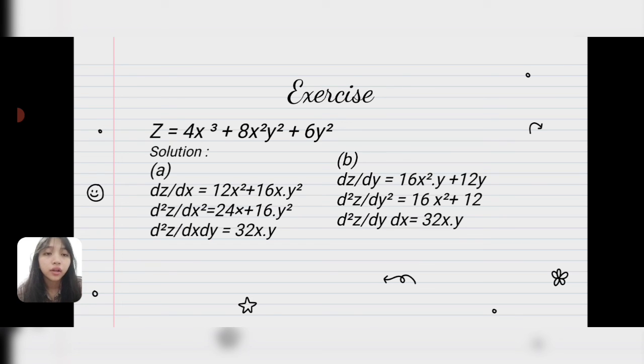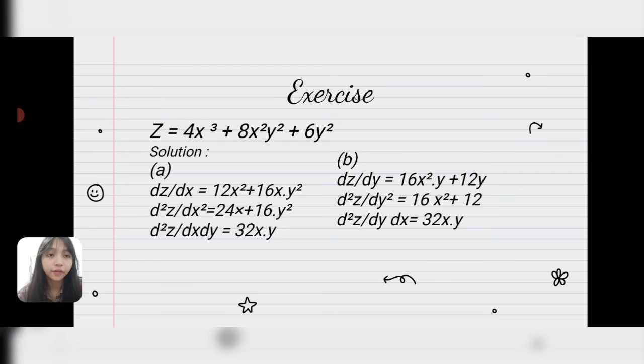Plus, because it is a multiplication, it doesn't have the square anymore, so plus 16 multiplication y to the power of 2. Now del squared z with respect to del x with respect to del y equal to 32x multiplication y, because the 12 doesn't have a y variable, so we are just going to use the 16.